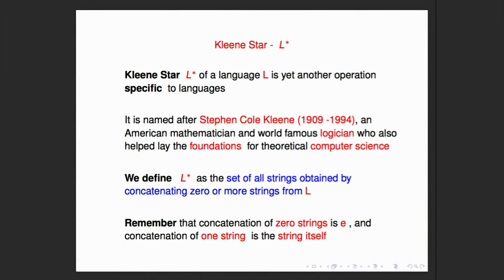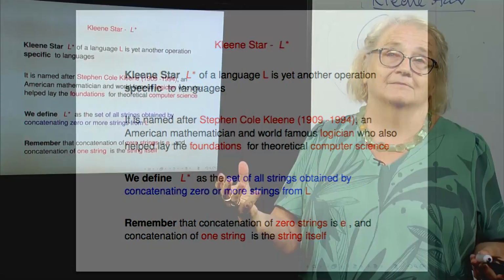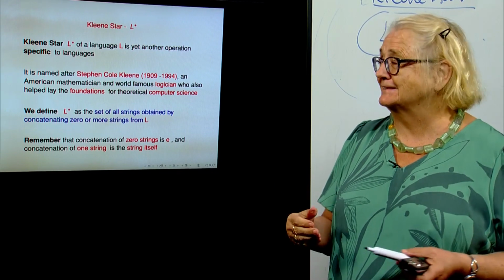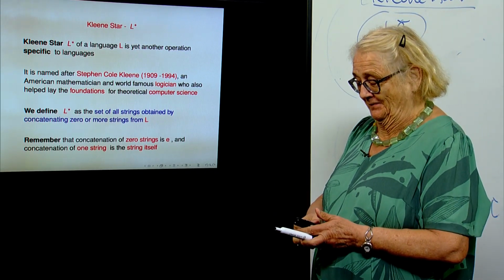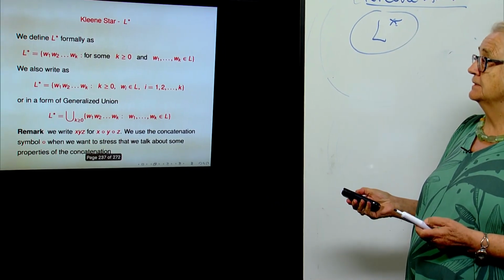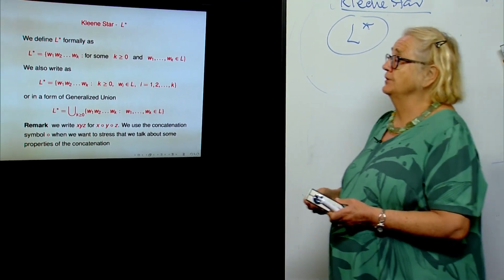So L star is the set of all strings obtained by concatenating 0 or more strings from L. A simple thing, but so important. So formally you write, what does it mean?